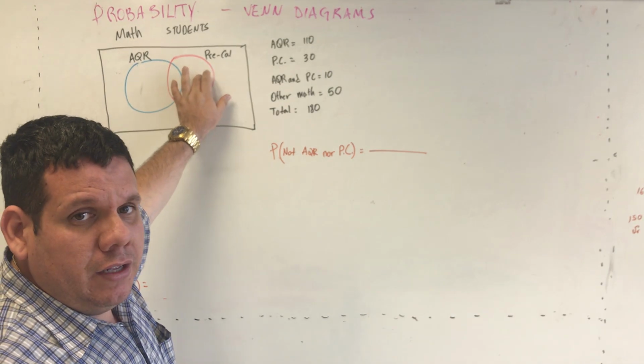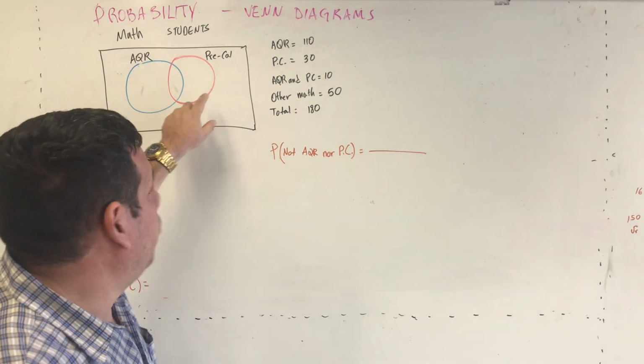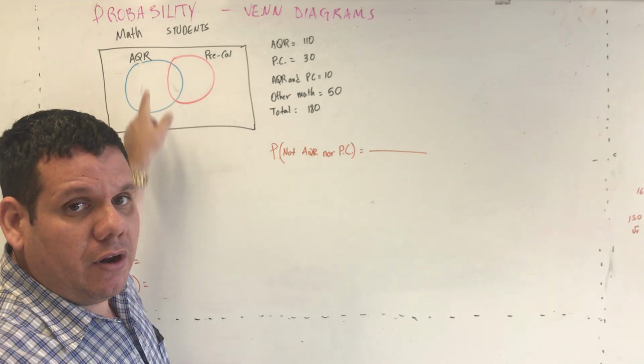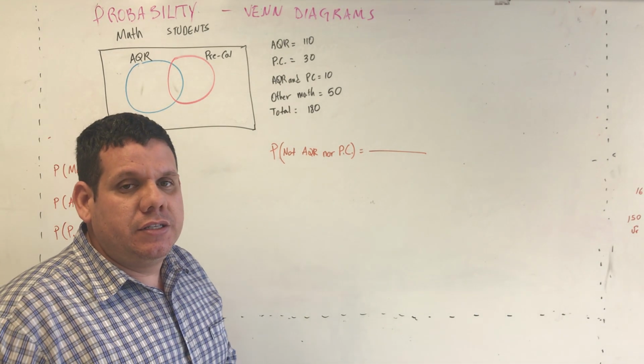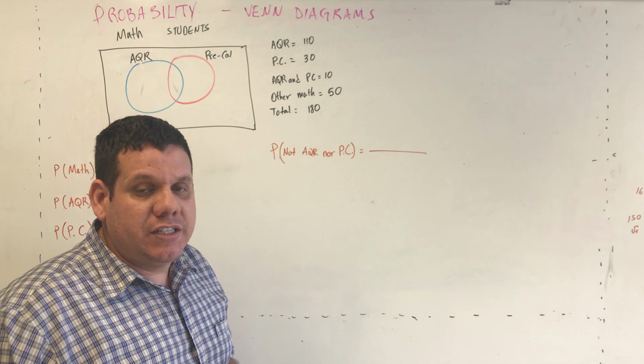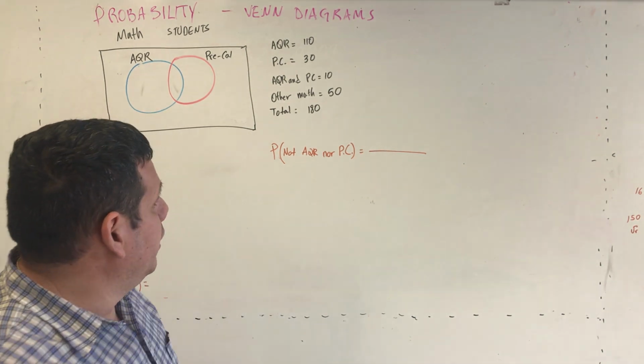The second one, the red, represents the students that are taking pre-calculus. And where both circles overlap, we have an intersection that represents students taking both courses at the same time, AQR and pre-calculus. Okay, so let's organize this.